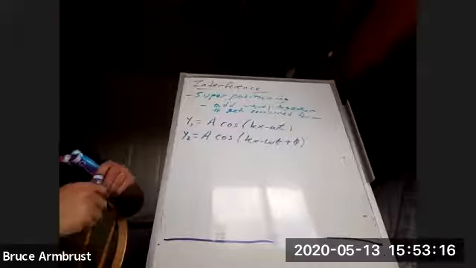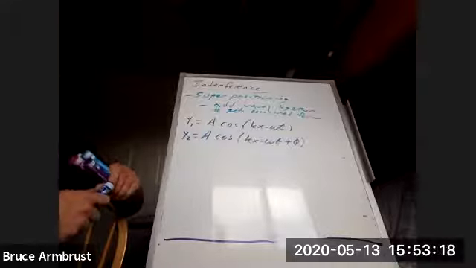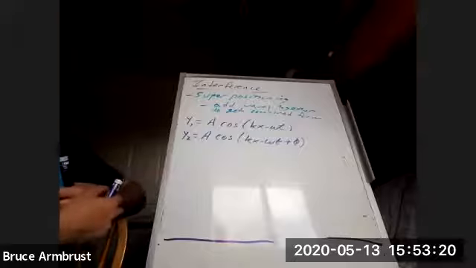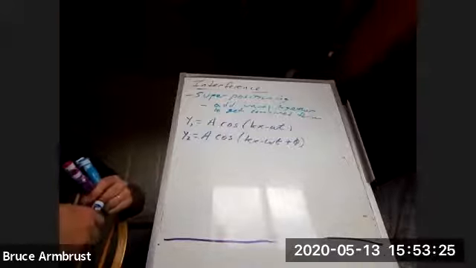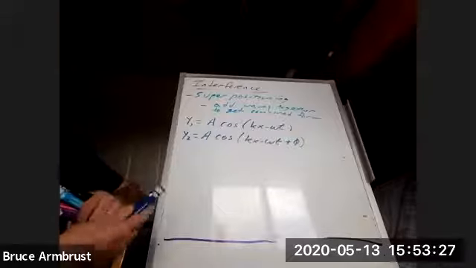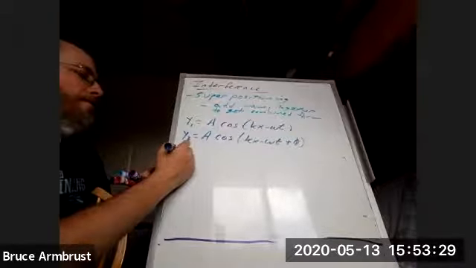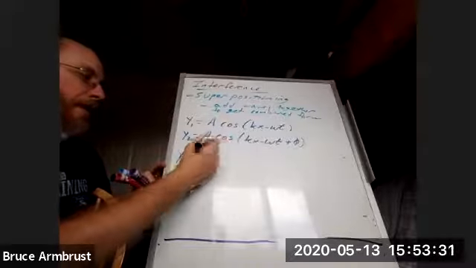If phi is 0, then they're exactly in phase, and so we're adding the same wave to itself. But that phi allows us to have variation. Okay, so then combined, we literally just add them.